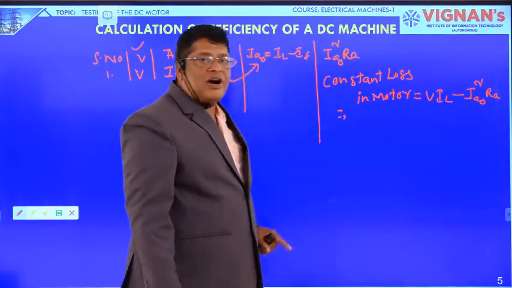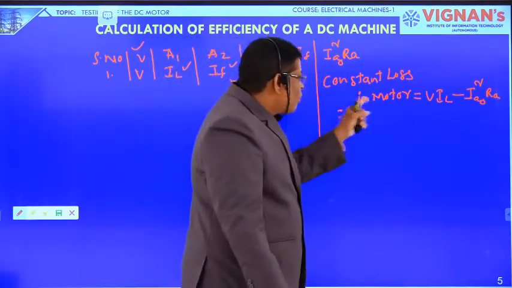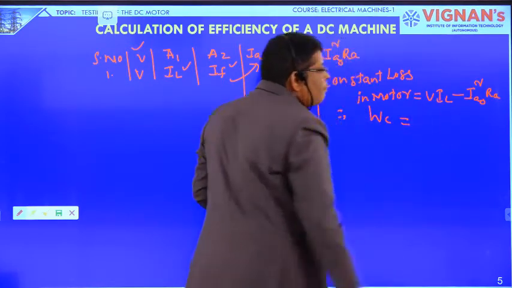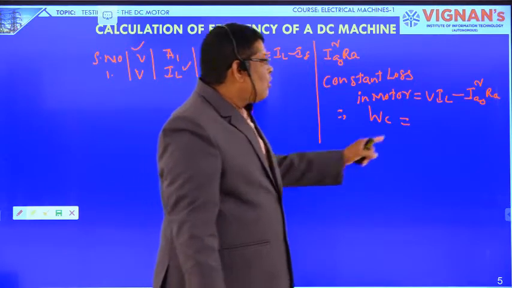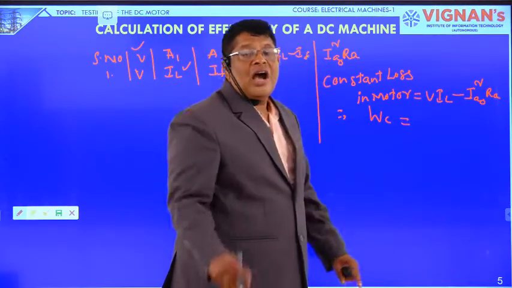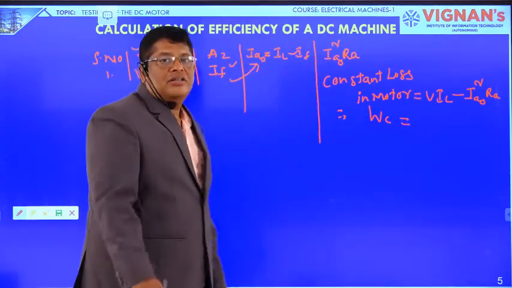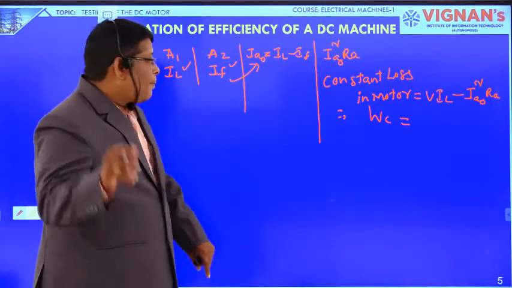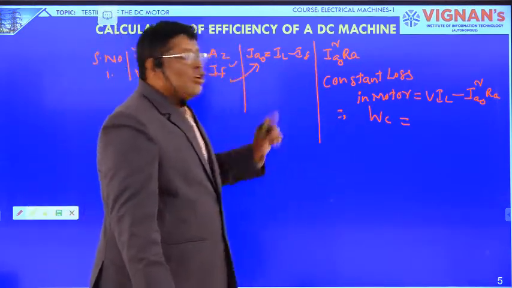Once you know the armature copper loss, the constant losses in a motor, WC, equal input power minus no load armature copper loss. That is equal to the constant losses.